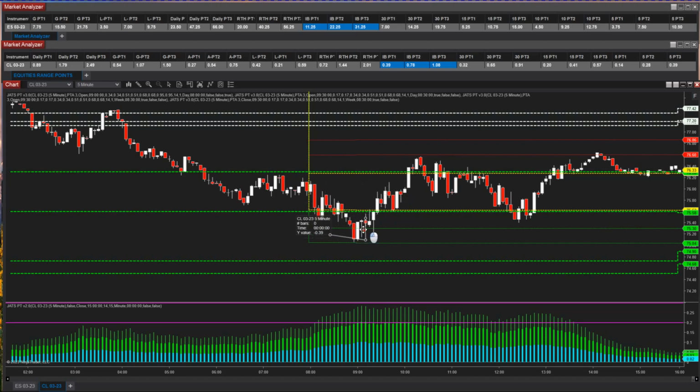You can set this to go from the low of the bar up and take your profit there, right? So the low of the bar, profit, low of the bar, profit, low of the bar, profit. You see how it works? That is one consideration to do it.